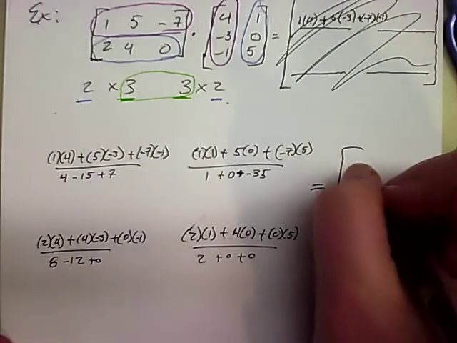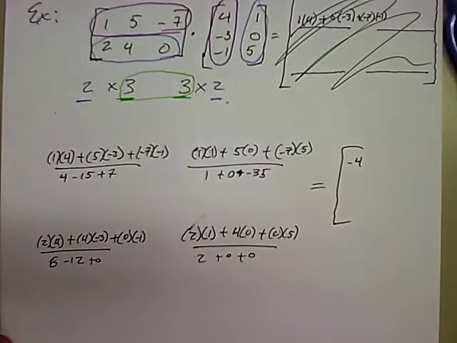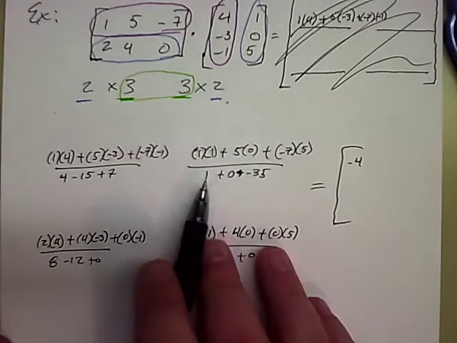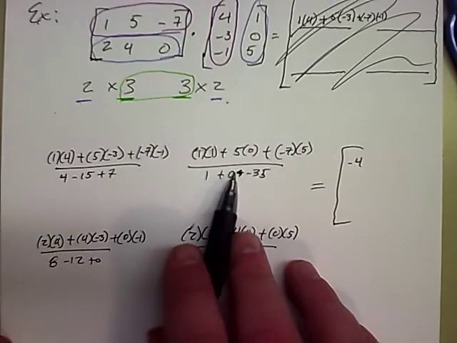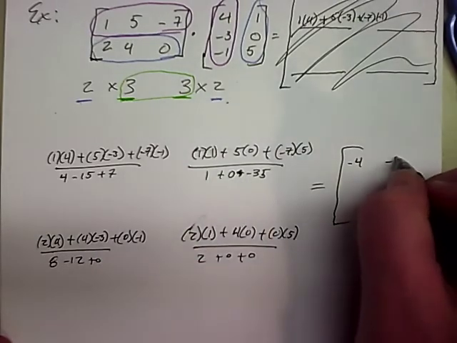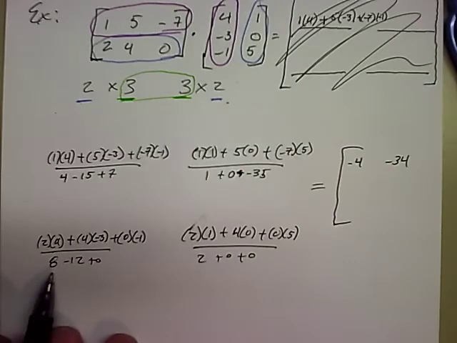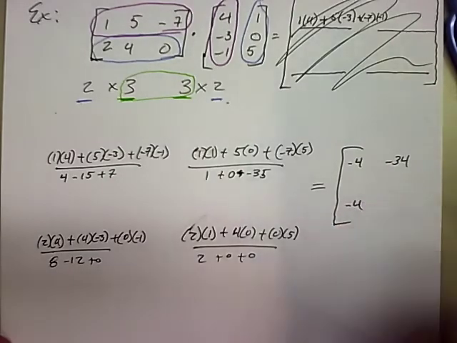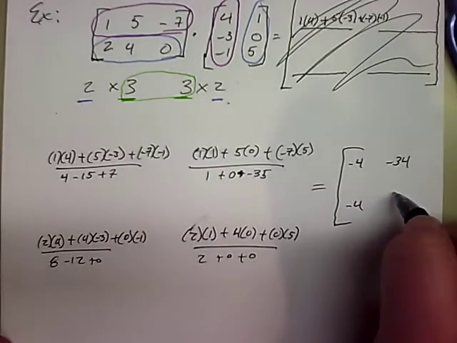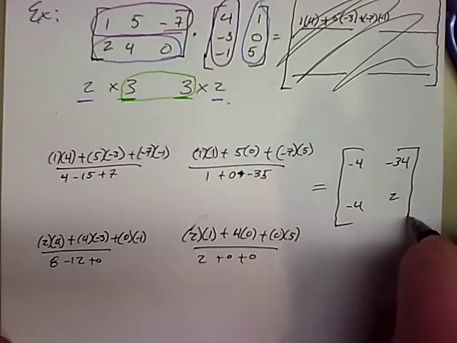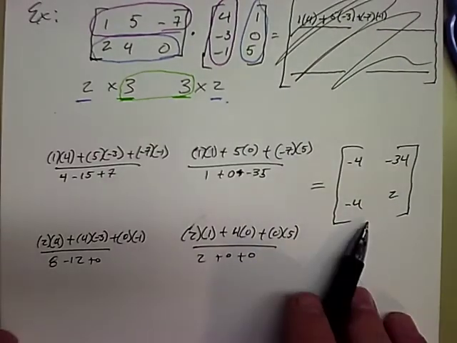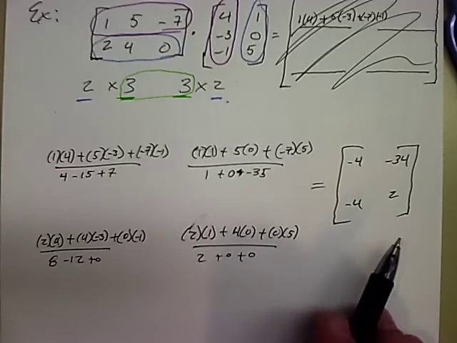Oh, it's -4, excuse me. That makes so much more sense. All right, 1 plus 0 is still 1. 1 minus 35 is -34. 8 minus 12 is -4. 2 plus 0 is just 2. And so this is the resulting matrix. So this would be my answer.